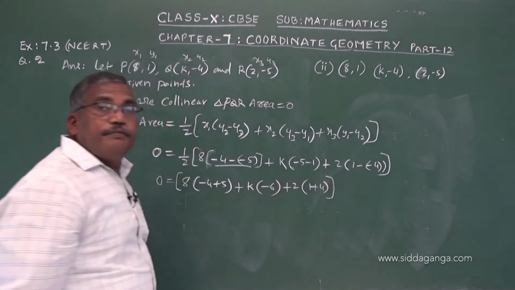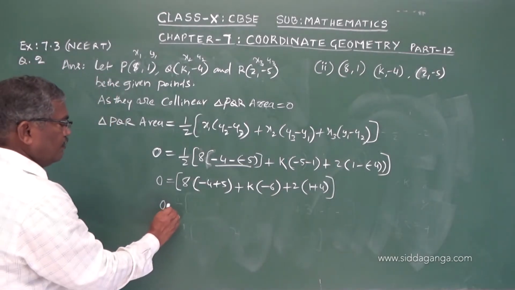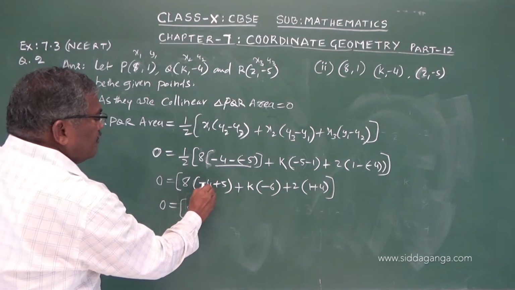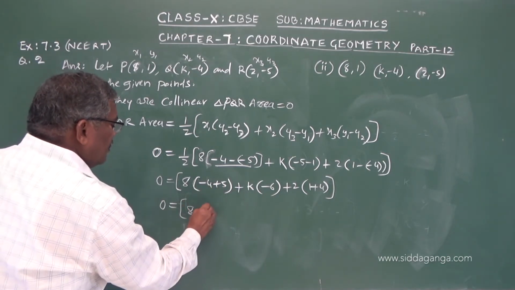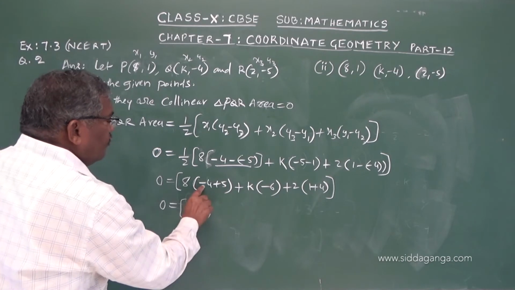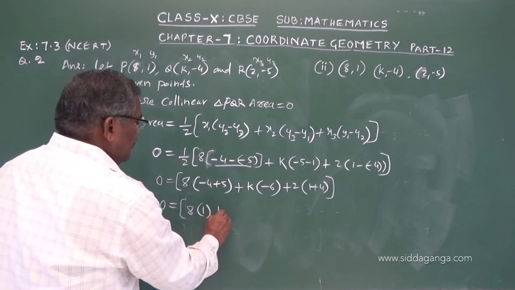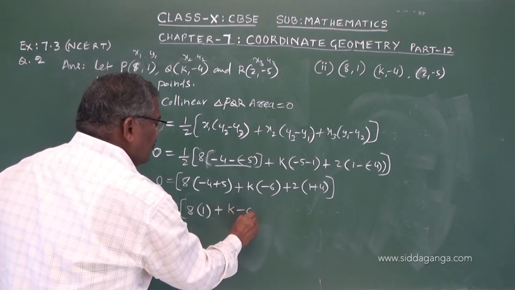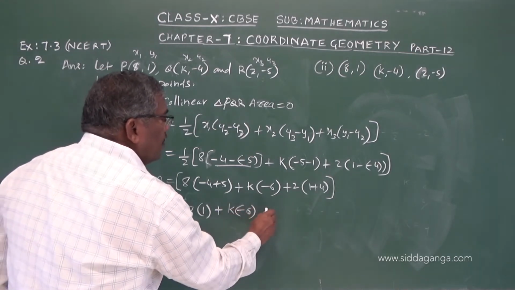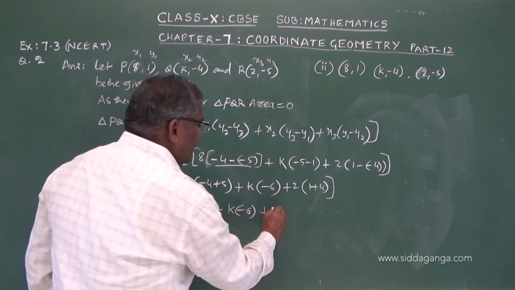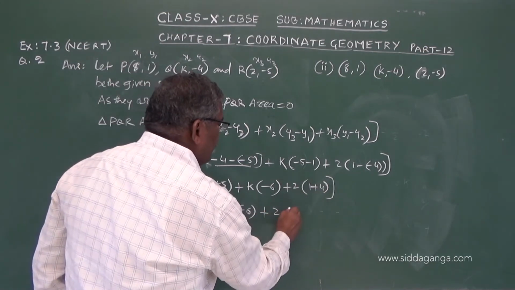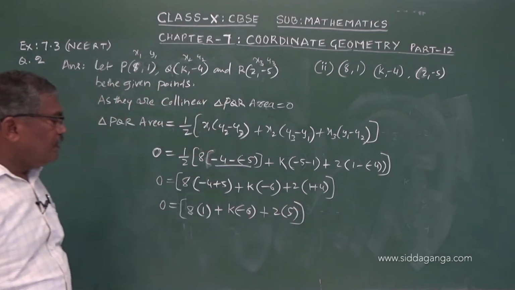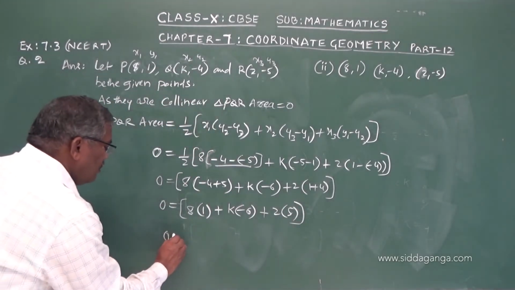Now 0 equals 8 into, minus 4 plus 5 is plus 1, plus k into minus 6, plus 2 into 1 plus 4 is 5. Close the bracket.